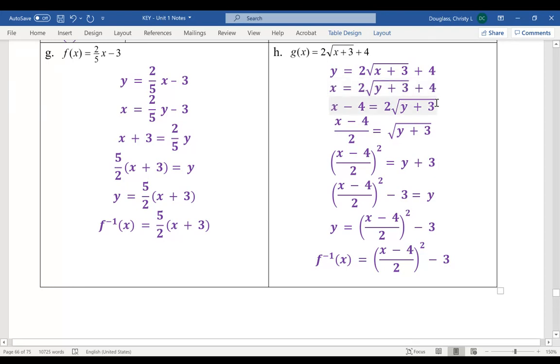Then divide by 2. y is trapped inside of a square root sign, so I square both sides to get rid of my square root. Now I will subtract 3. I've isolated y. y is equal to the quantity (x minus 4) over 2, squared, minus 3. And this is my inverse.